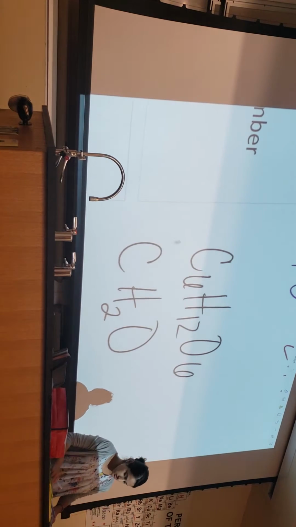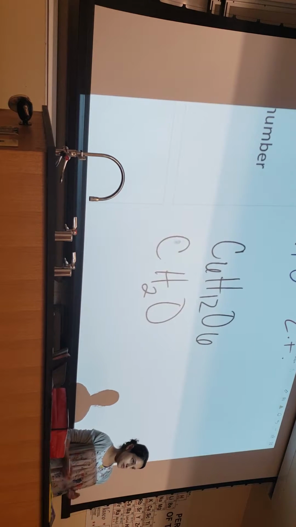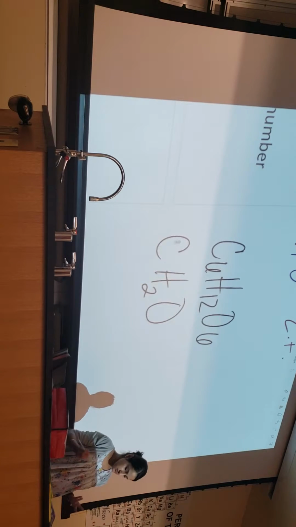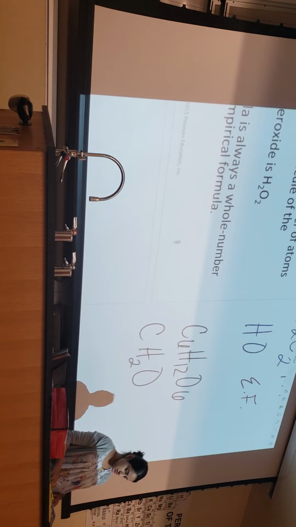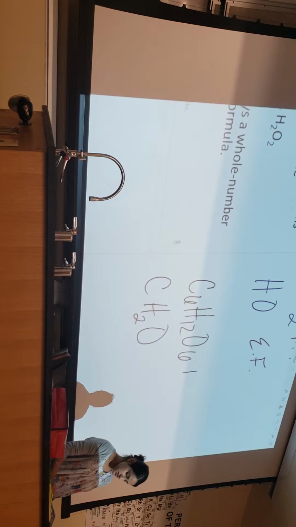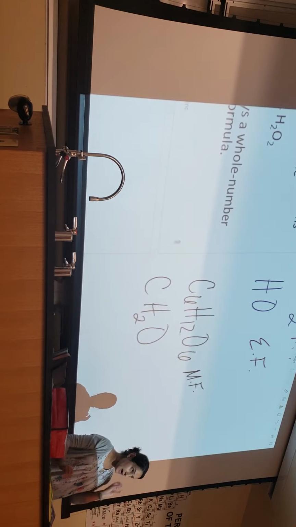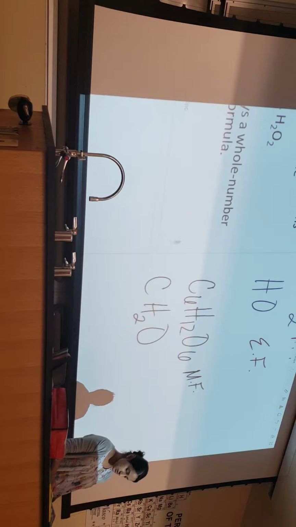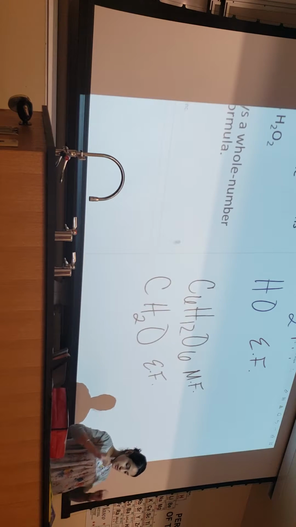So it might be, instead of 6, it might be like 7 or 8, whatever it is. But you'll always see that variation. What compound is that? C6H12? Oh, glucose. Yeah. So this is the molecular formula, actual number of atoms. Empirical is the basic ratio, the lowest possible terms.